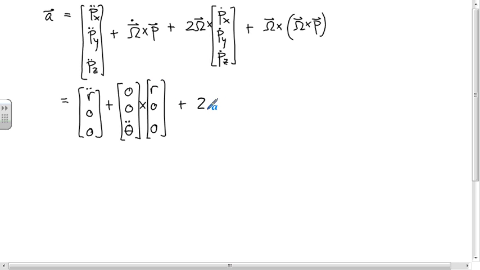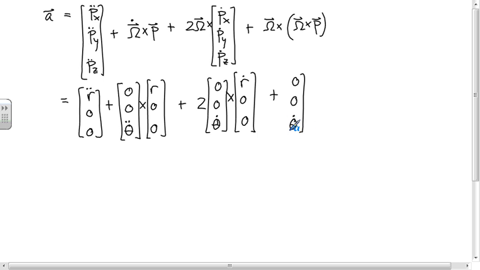And then we'll add 2 times our angular velocity crossed with our observed velocity, and our observed velocity was r dot, 0, 0. And then finally that centripetal acceleration term, 0, 0, theta dot, crossed with 0, 0, theta dot, cross r, 0, 0.